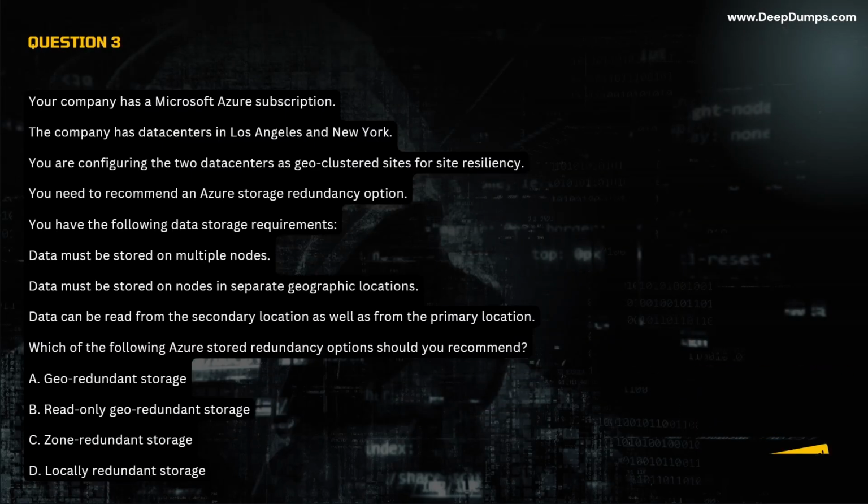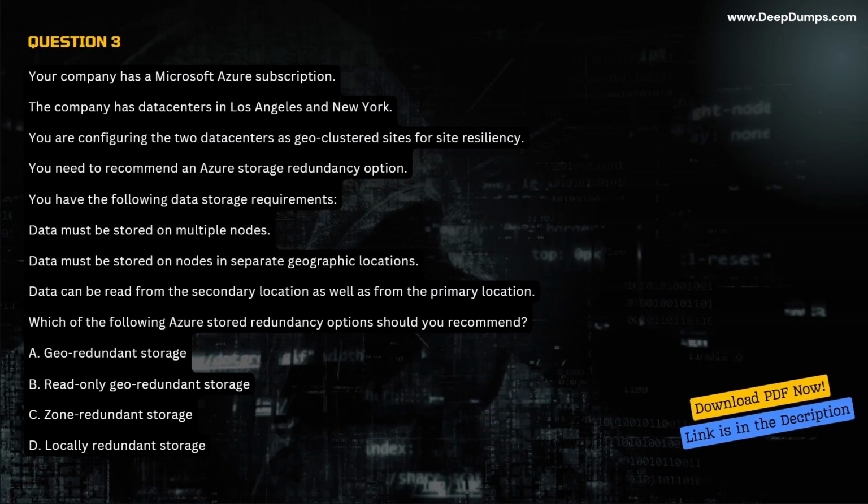Question 3. Your company has a Microsoft Azure subscription. The company has data centers in Los Angeles and New York. You are configuring the two data centers as geo-clustered sites for site resiliency. You need to recommend an Azure storage redundancy option. You have the following data storage requirements. Data must be stored on multiple nodes.